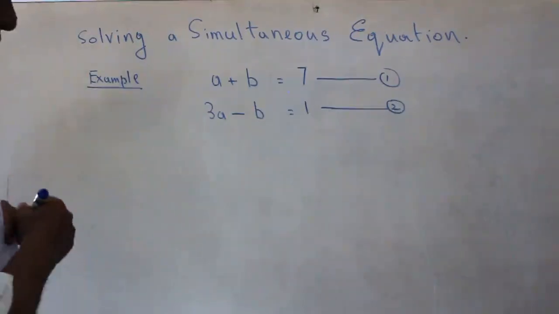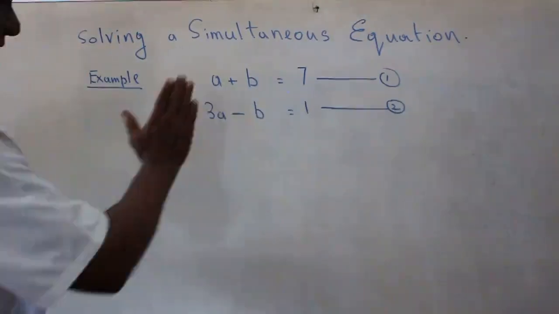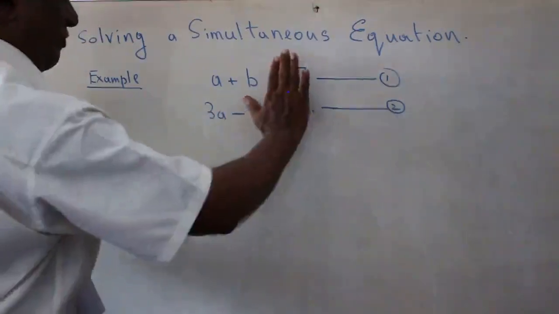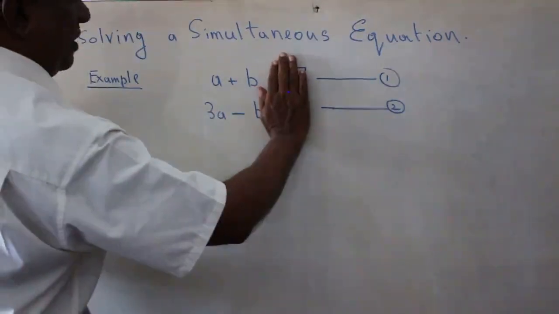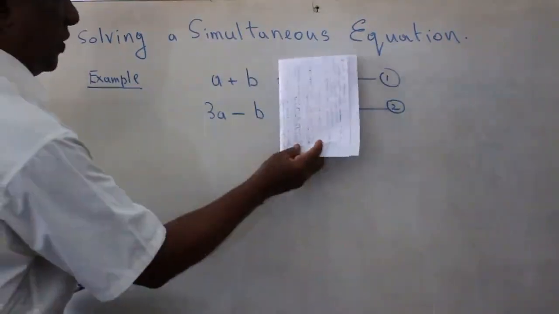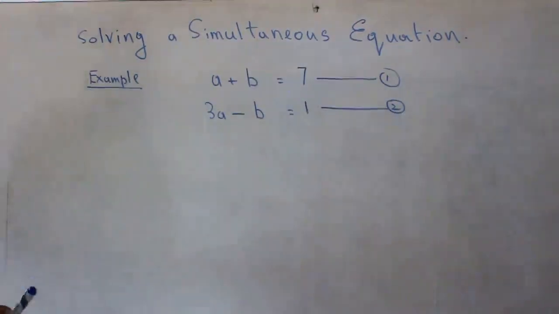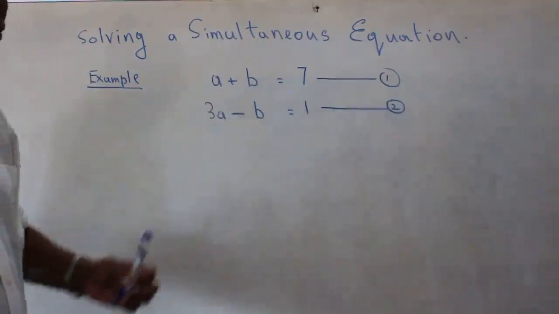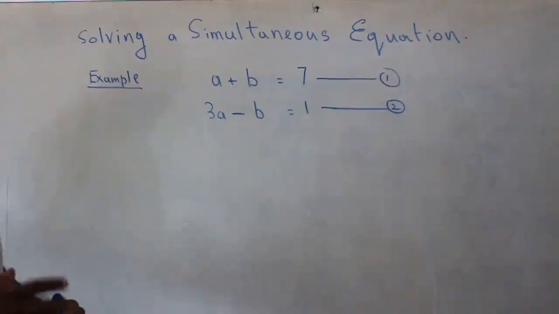Now, when you look at this right hand side, a plus b and minus b, can you see this is the type of question we have been doing earlier? A plus b and 3a minus b. If I want b to disappear here, what would I do?